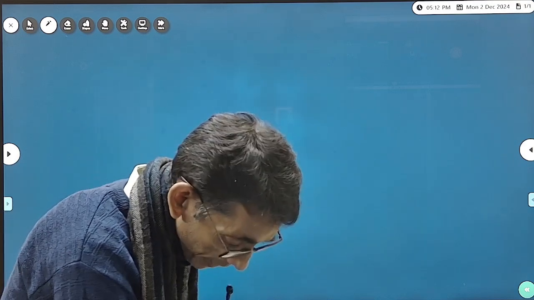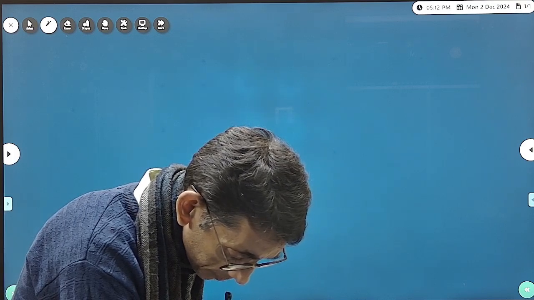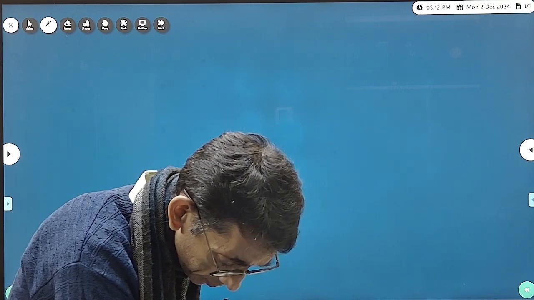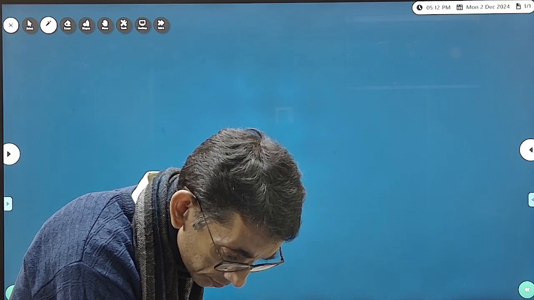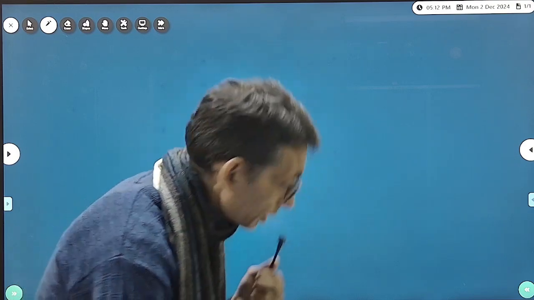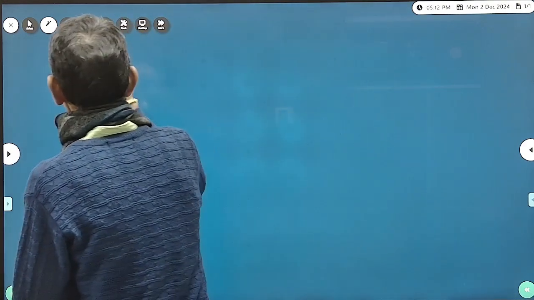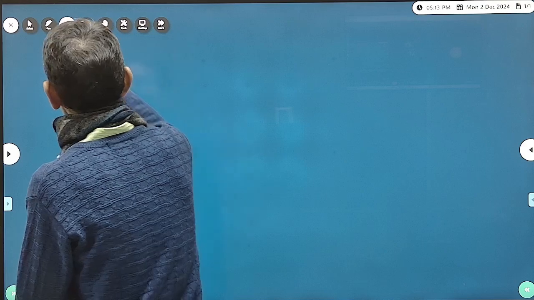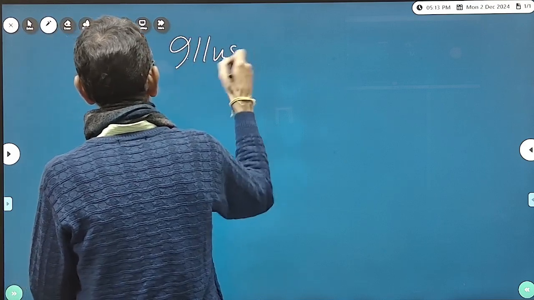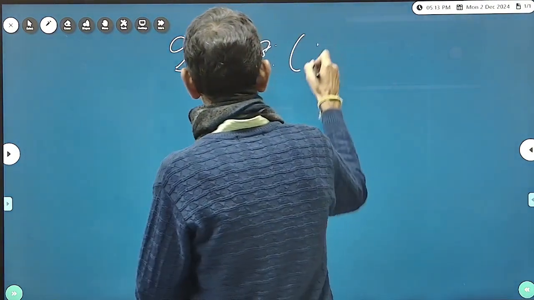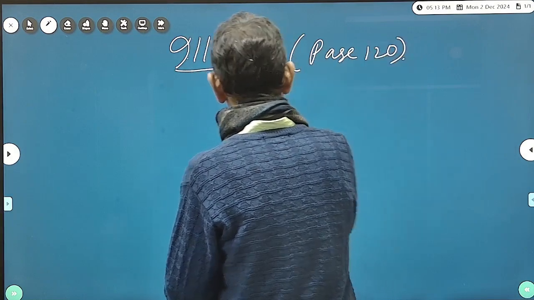So we'll start illustration 68, page number 120. Okay, what are the possible ways?